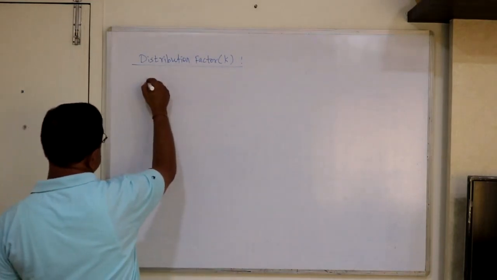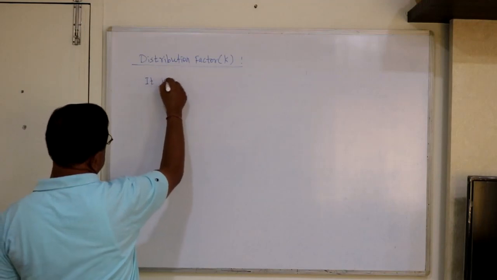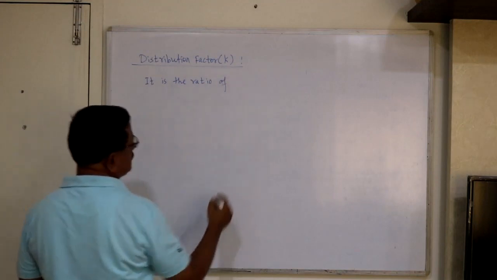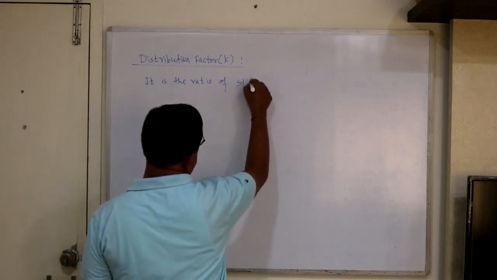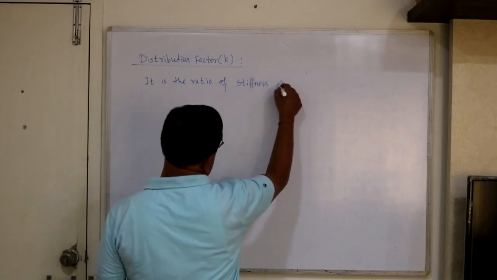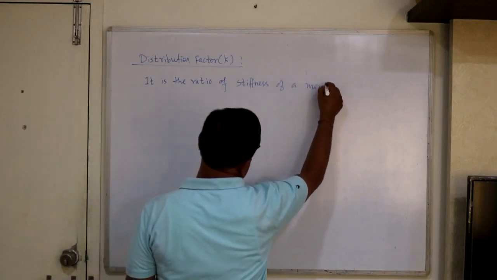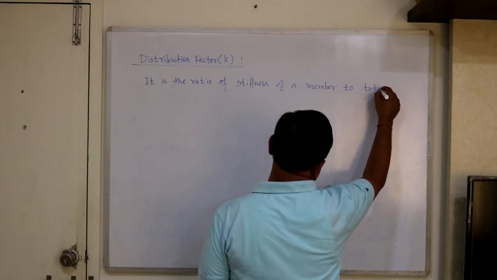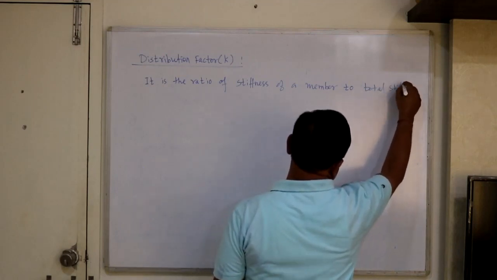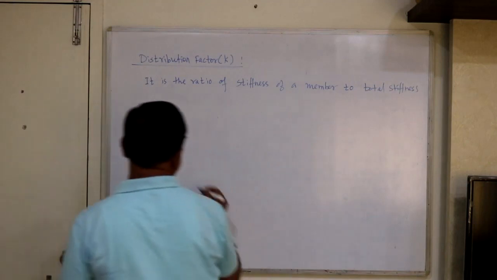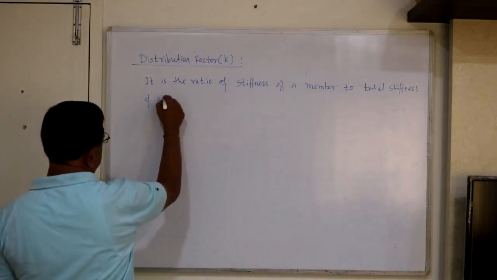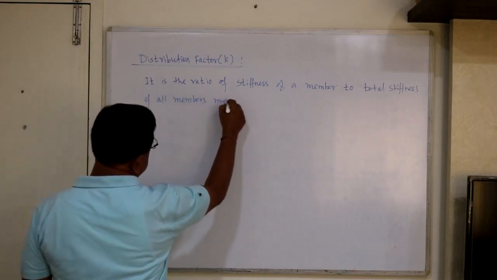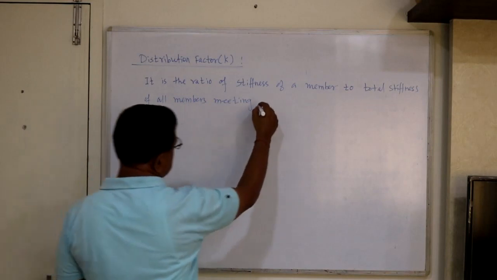It is defined as, or simply it is, the ratio of the stiffness of a member to the total stiffness of all members meeting at that joint.